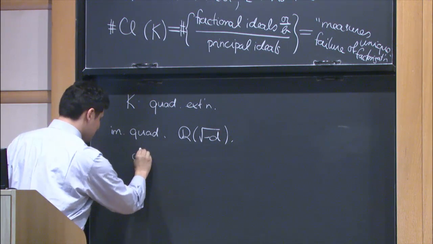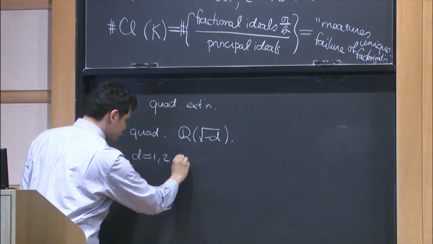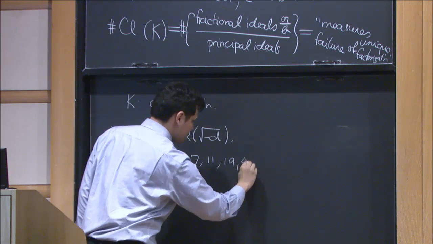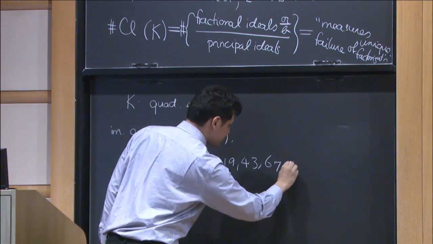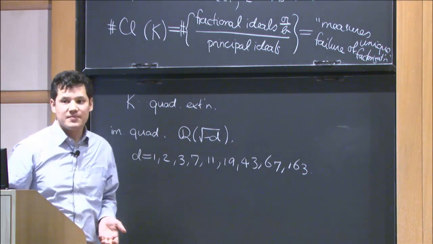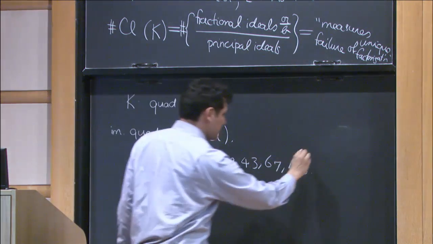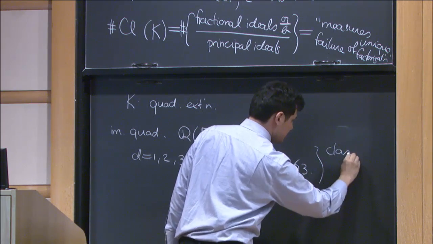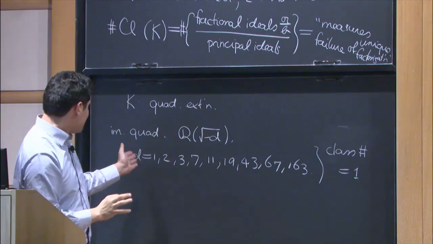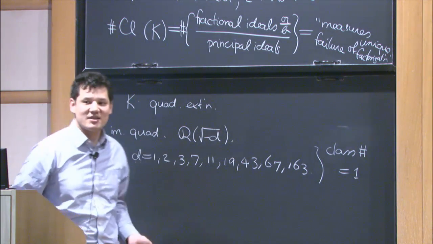It turns out that if d is 1 or 2 or 3 or 7 or 11 or 19 or 43 or 67 or 163, then the class number is 1. But any other imaginary quadratic field has bigger class number.